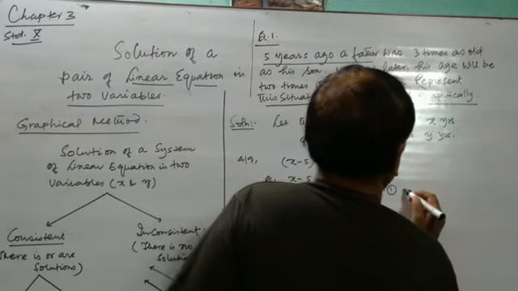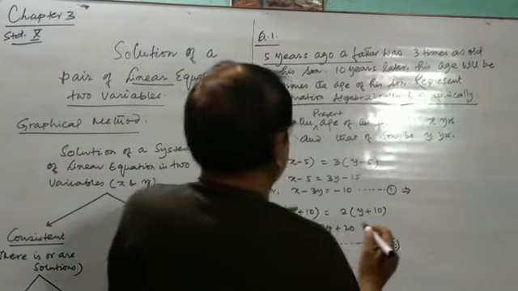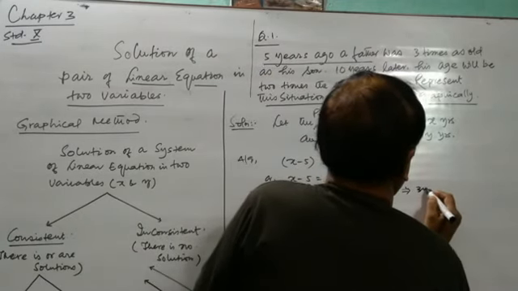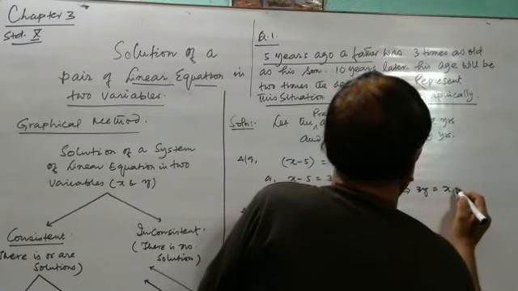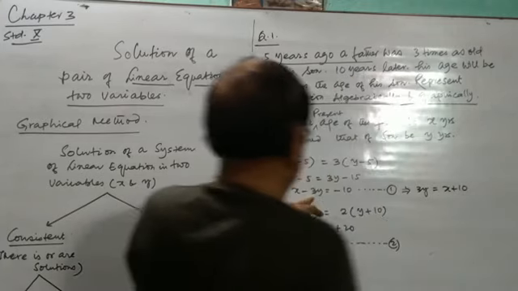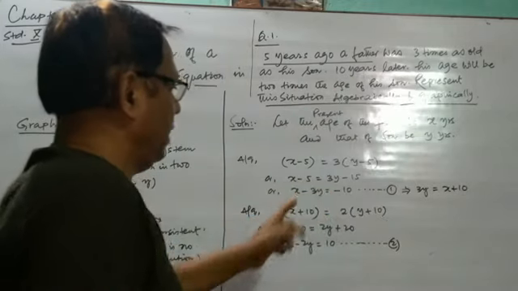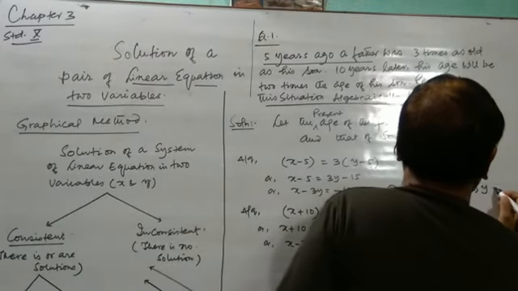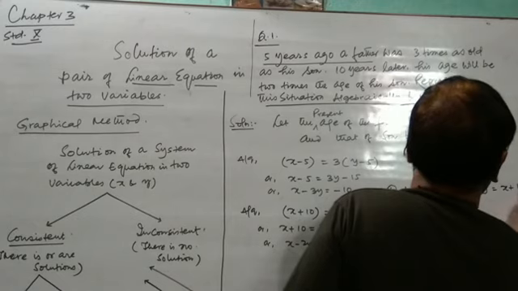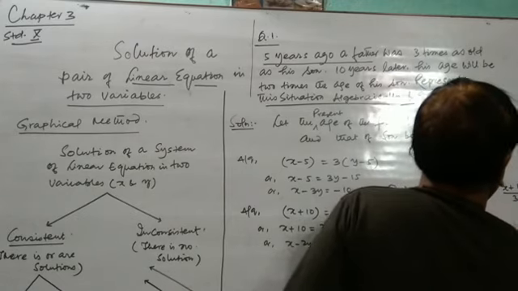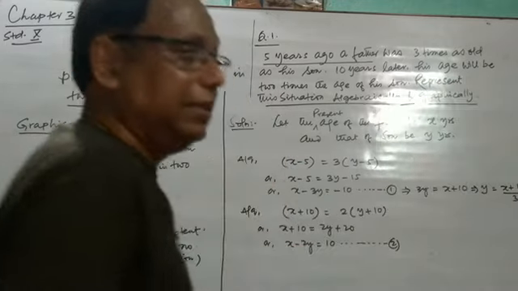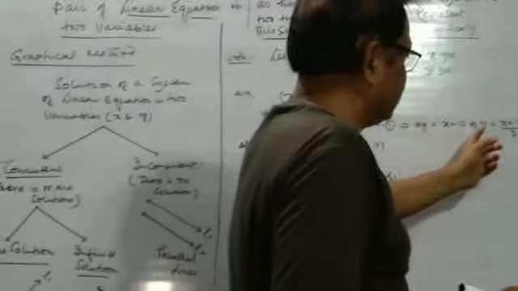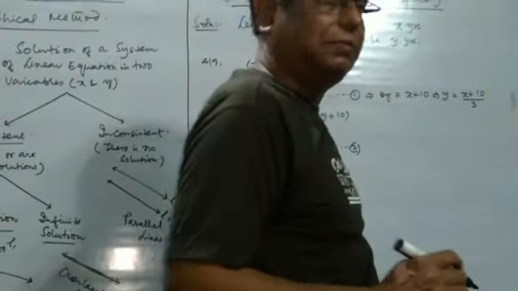That means the first equation can be written as 3y is equal to x plus 10, or y is equal to x plus 10 by 3. So in the first equation, we have expressed y in terms of x.